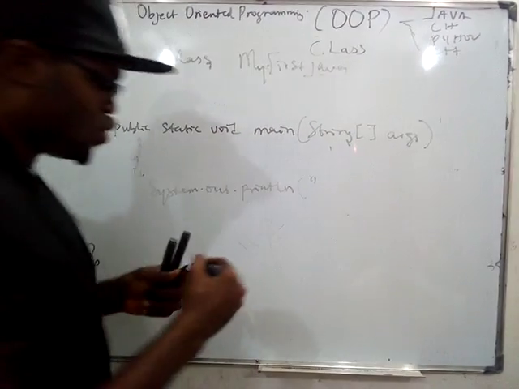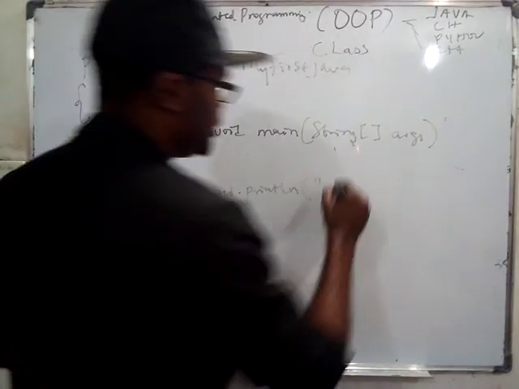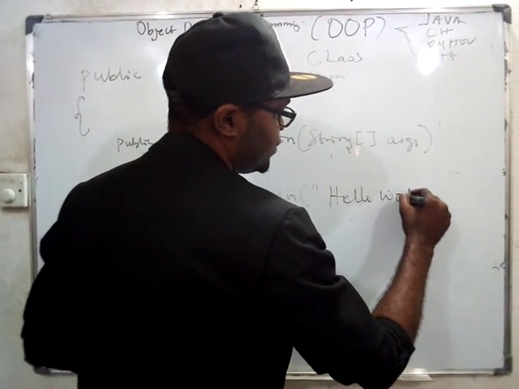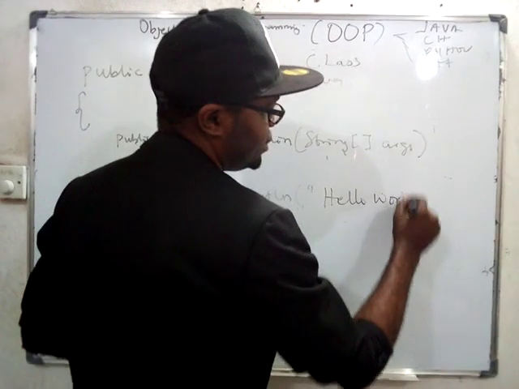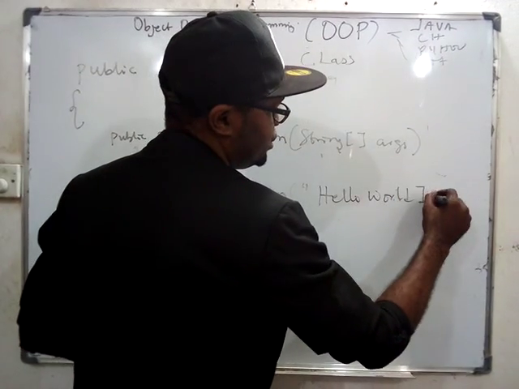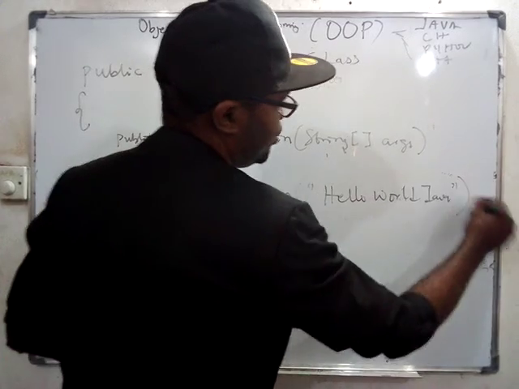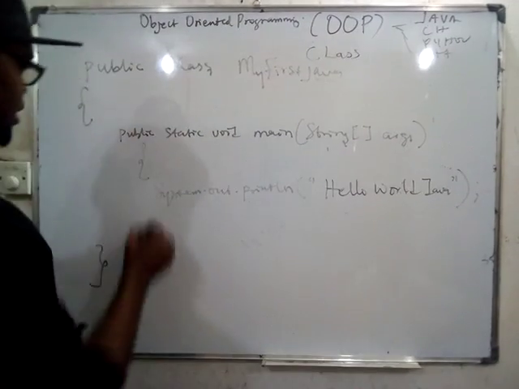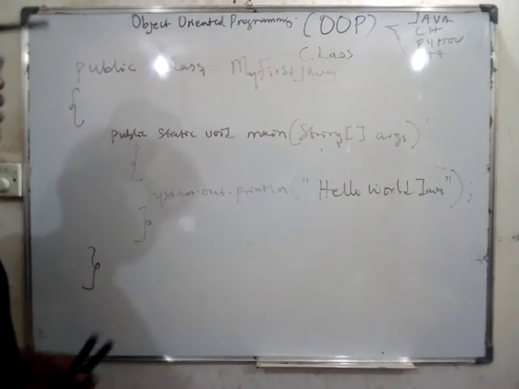Then inside a bracket and a quote, you write Hello world Java. You put it inside this and put a semicolon. Then you close this curly bracket.